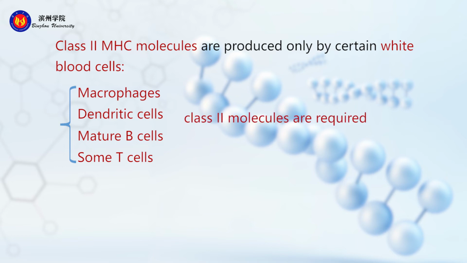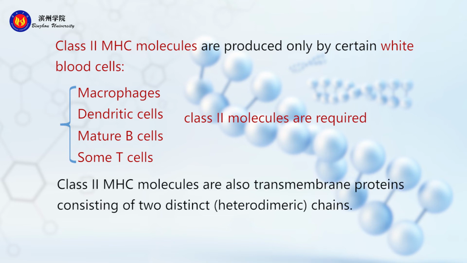Importantly, Class II molecules are required for T cell communication with macrophage, dendritic cells, and B cells. Class II MHC molecules are also transmembrane proteins consisting of two distinct chains.